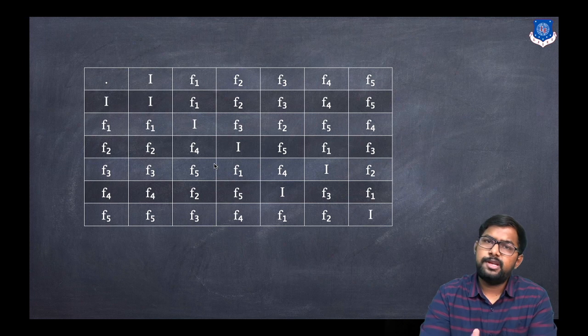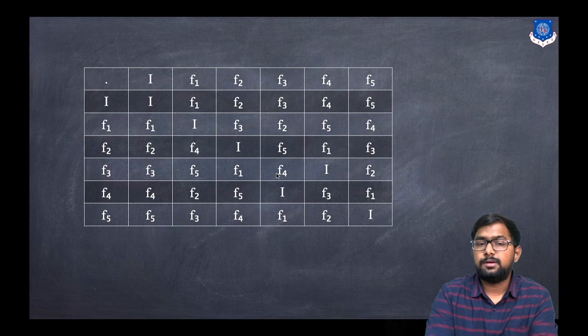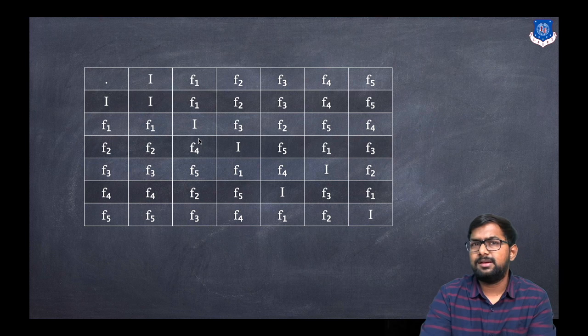So now we need to check whether it is a group. Okay. So for a group, closure is there. As you can see, all the elements are from the given set, that is I, F1, F2, F3, F4, and F5. Okay. Now the second one, associative. You can check on your own that it is associative.